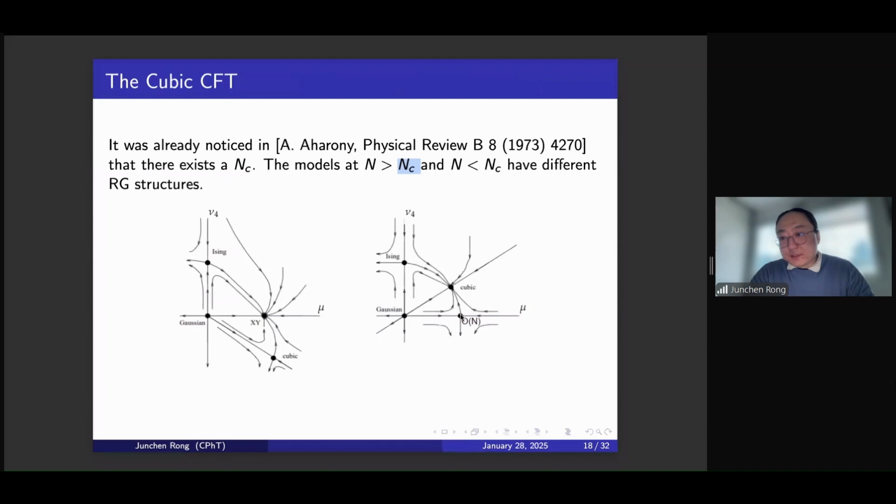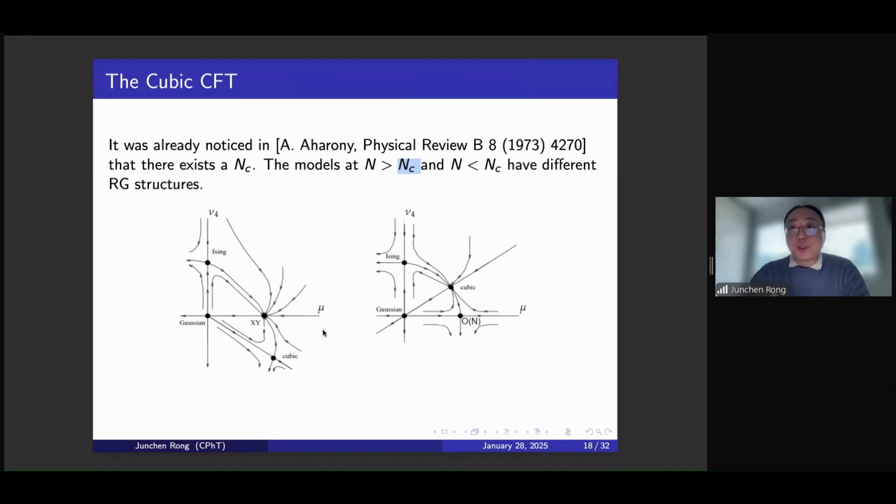The O(N) CFT is unstable. The actual stable CFT is the cubic one, the generalized cubic CFT. When N is less than N_c, on the other hand, sorry, I should put O(N) here, the O(N) one is stable, but the cubic is not stable. So there's a change of stability.